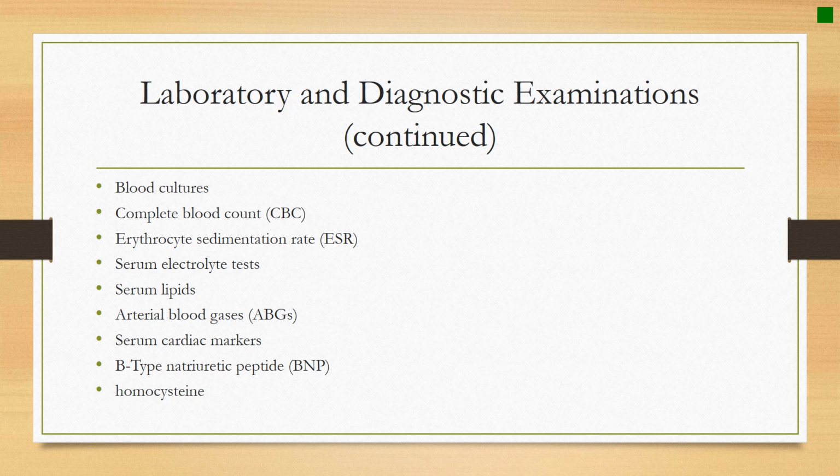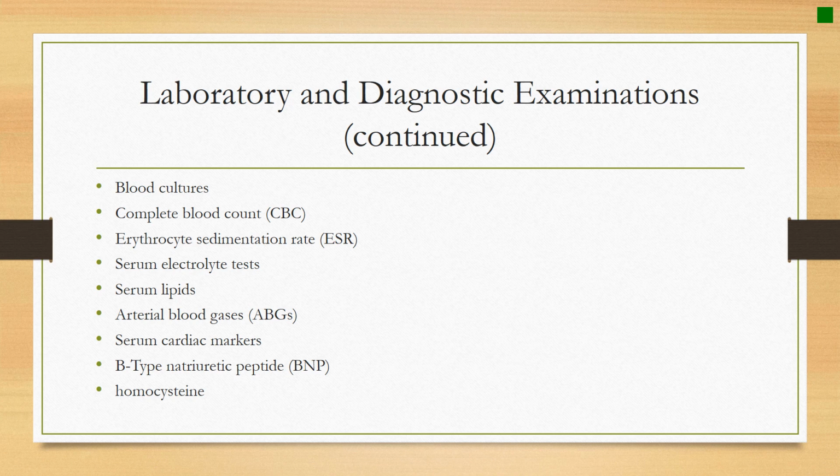BNP levels that are 100 to 300 picograms per mil suggest heart failure. BNP greater than 300 picograms per mil is mild heart failure. BNP levels greater than 600 picograms per mil indicate moderate heart failure. And BNP levels greater than 900 picograms per mil is severe heart failure.